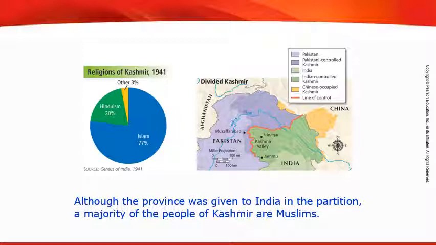The Kashmir Valley is partially controlled by India and partially controlled by Pakistan, and some areas are under the control of China. Its population structure can clearly be seen: around 77% of the people are Muslim.